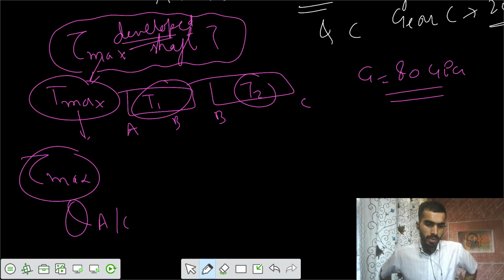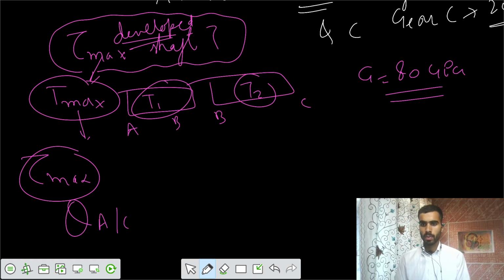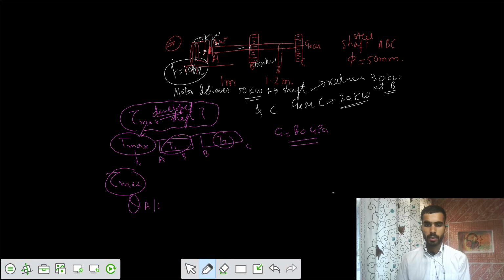So this is the problem that has been designed. Let's have that problem again. Your motor delivers 50 kilowatts to the shaft.